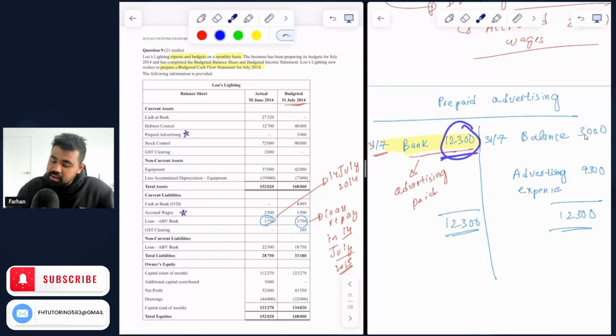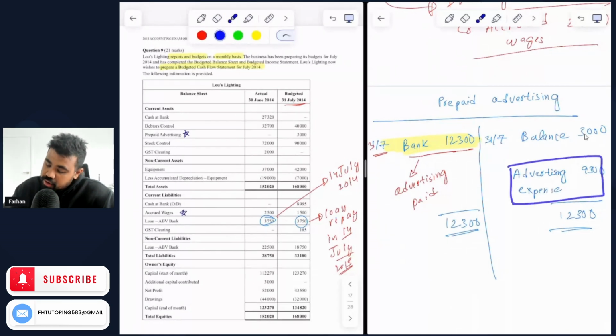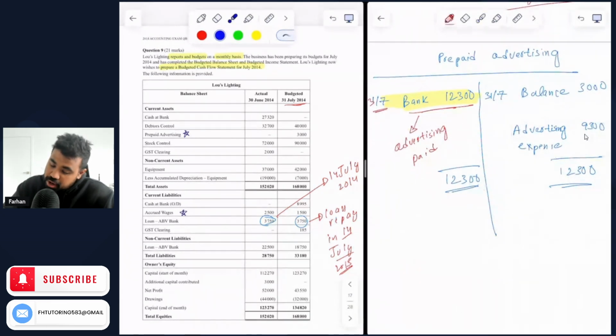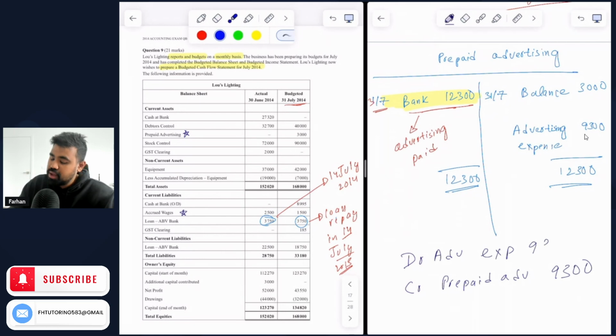I think you understand this, but I want to explain something else here. You see how the advertising expense is on the credit side of the prepaid advertising account. What is the logic here? We understand that we have prepaid advertising, so every time the prepaid advertising is consumed, it will reflect a reduction, and that is why we'll be crediting it. But at the same time, we also have advertising expense, and we would have to debit it because expenses are always debited when they increase, right?